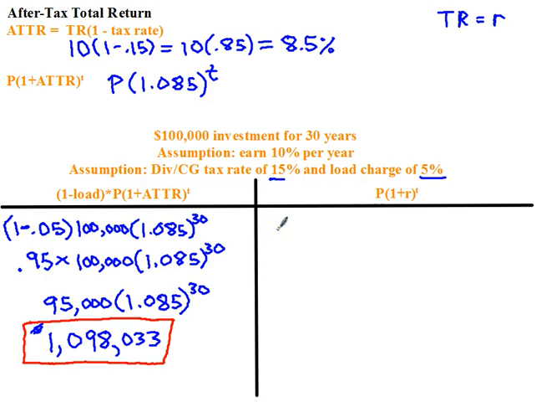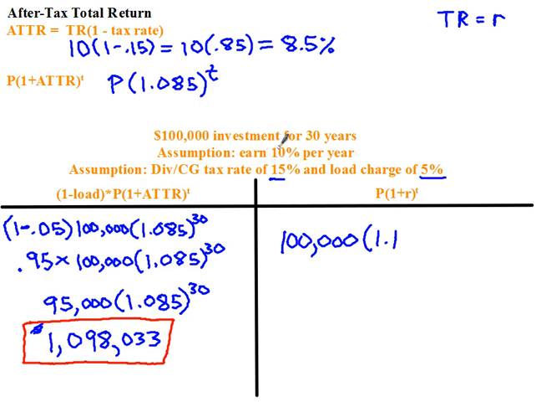So now I'm going to get to invest. My P is going to be the full $100,000 because I don't have to pay a load. So the full $100,000 is going to get invested times 1.1. Why is that? Because I'm going to get the full total return, the full R, the full 10% per year.